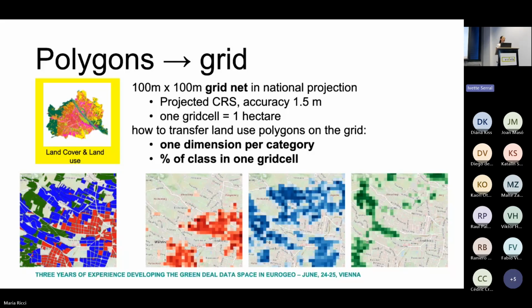This structure is handy for later statistical analysis, because you can get for one single cell all the shares for every different class. So, for example, here you have these 3 classes representing different degrees of urbanization. Red is highly dense buildings, blue is less dense, and green is sparse buildings. And this is how we did a visualization of the grid.